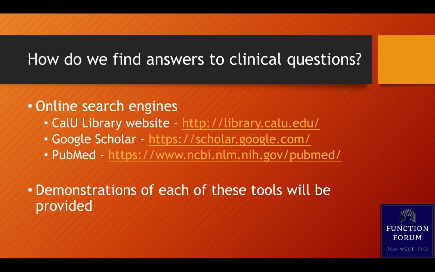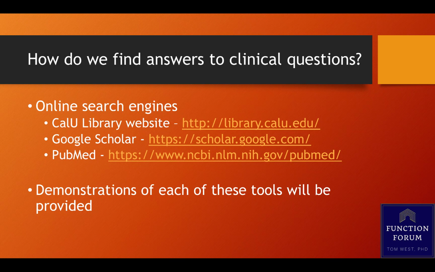Google Scholar is a free option if you don't have access to a library website. Also, again, it'll search scholarly journals and academic journals to provide peer review resources, and often will provide a full text link to the full article. And then PubMed is part of the National Institutes of Health and also searches Medline and is a good resource as well.